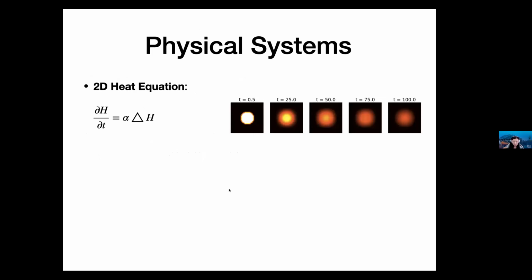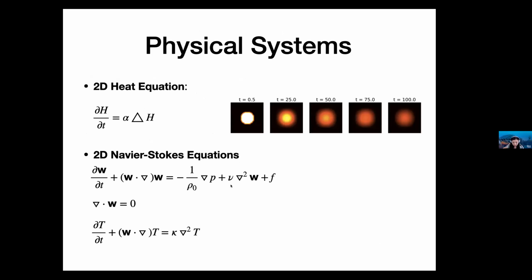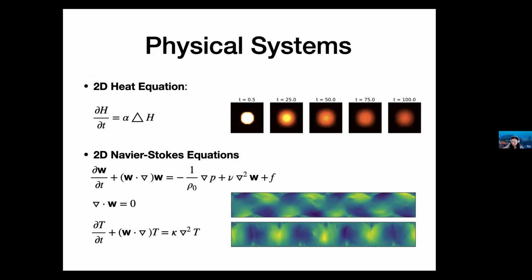The second example is the 2D Navier-Stokes equation, which is a governing equation of turbulence. In this particular paper, we looked at 2-dimensional turbulence. This is also an example of Rayleigh-Benard convection, which happens when cold fluid and warm fluid interact with each other and create very intricate patterns.